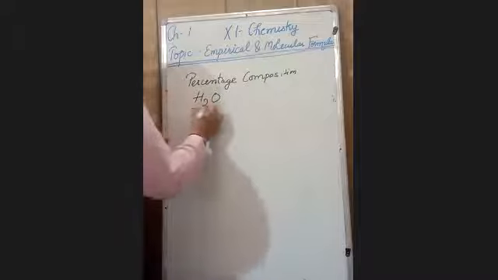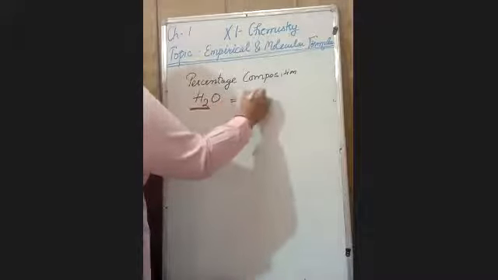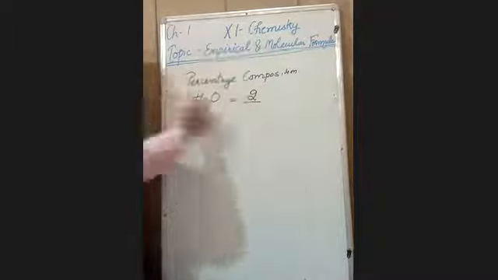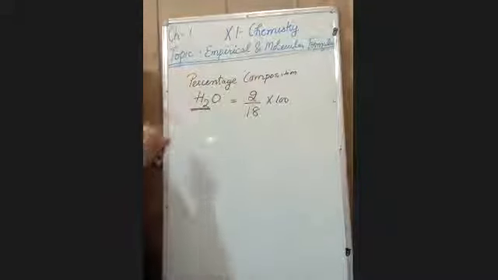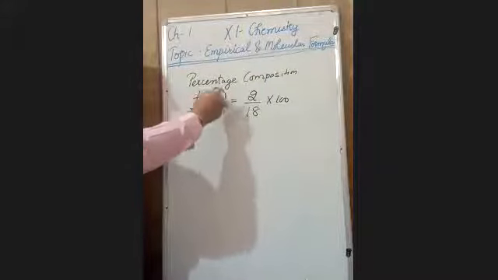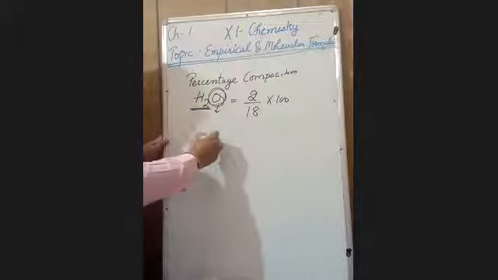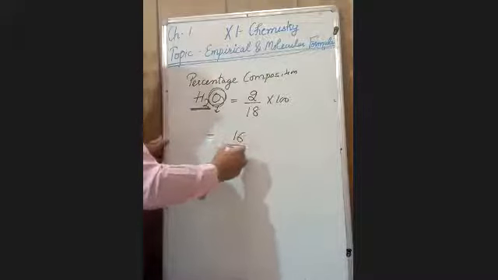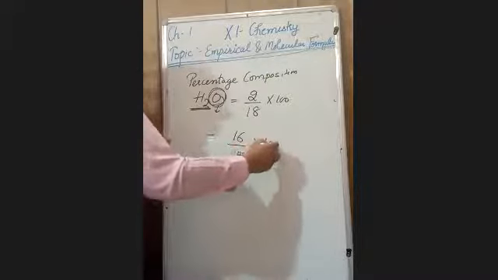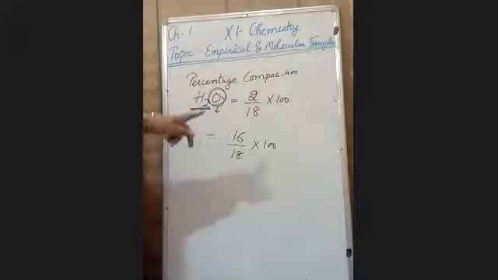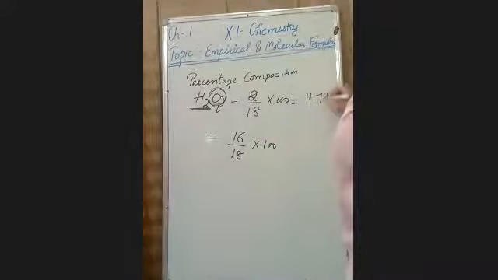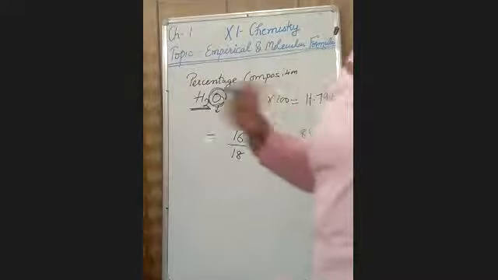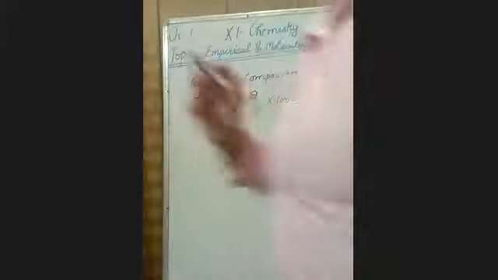You will take the mass of that element, that is 2, divided by total molar mass into 100. If I ask you to calculate the percentage of oxygen also, it will be 16/18 into 100. So it comes out to be nearly 11.79%, and 88.21%.